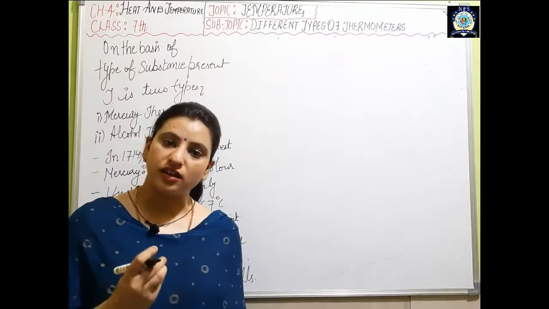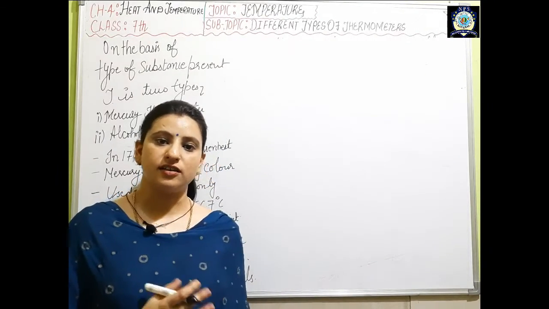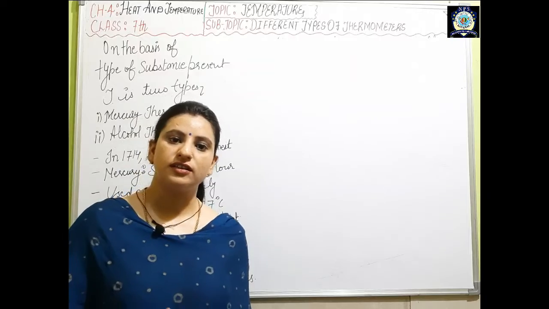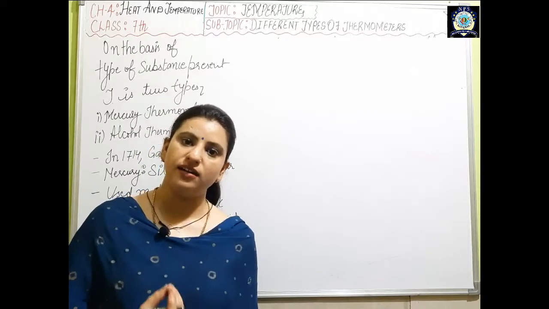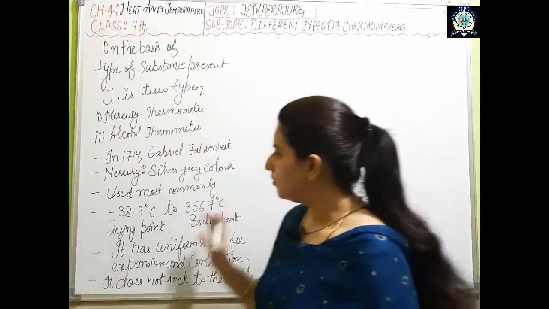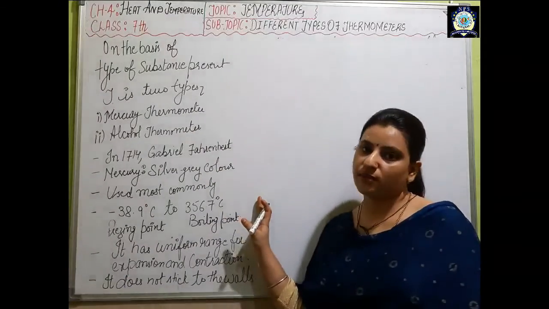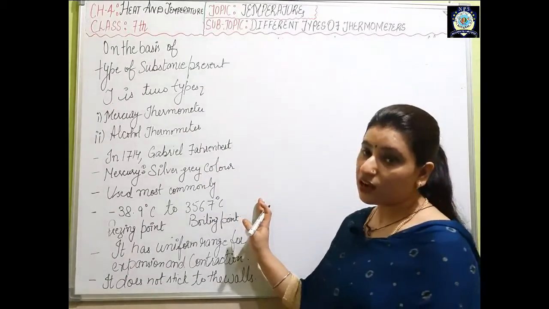So if it does not stick to the walls of glass, it is easy for us to use the thermometer again and again. So this is all about the mercury thermometer, and now we will discuss the second thermometer, that is the alcohol thermometer.